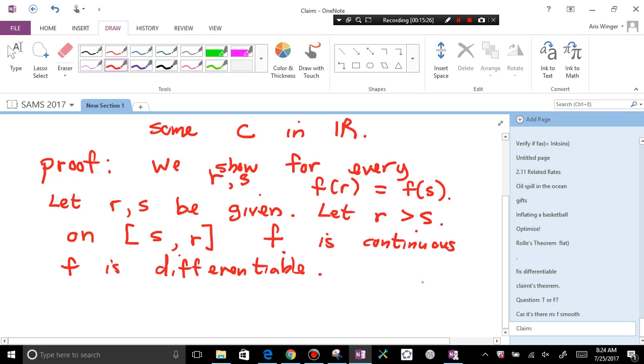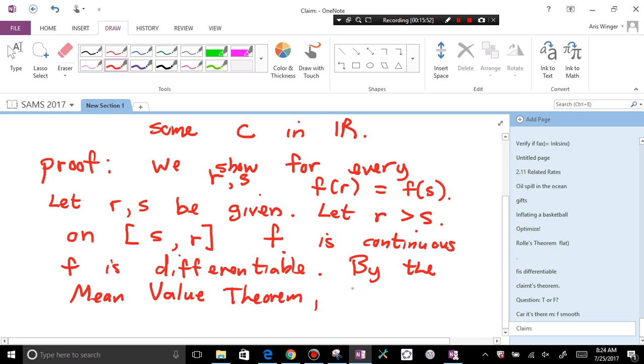What can I invoke? What can I use? The mean value theorem. So by the mean value theorem, what do I know?